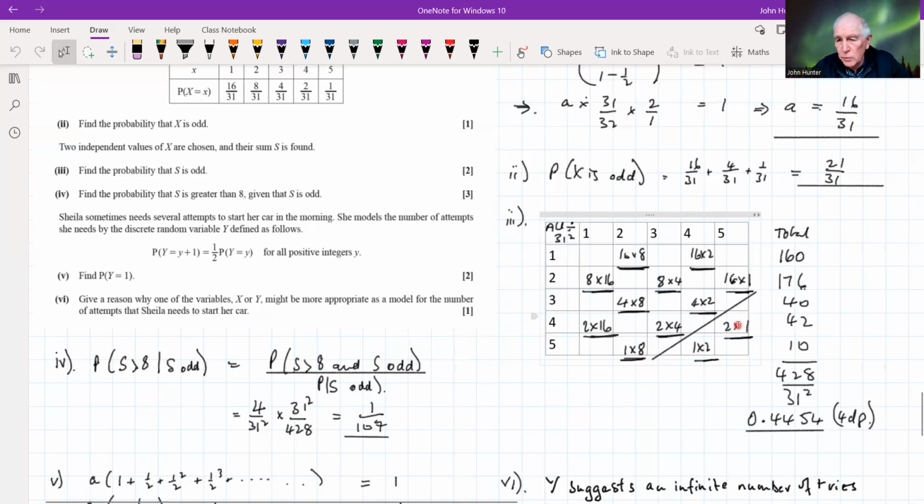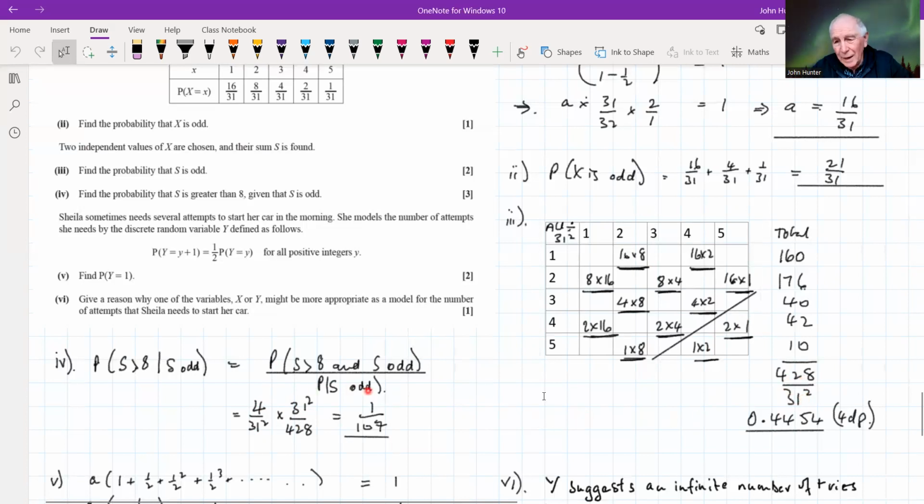Well, 2 31s, 2 31 squared over 31 squared, and 2 over 31 squared here. So that's the numerator. This is the denominator, or at least it's the reciprocal of the denominator. The probability that S is odd, we've worked that out. It's 428 divided by 31 squared.